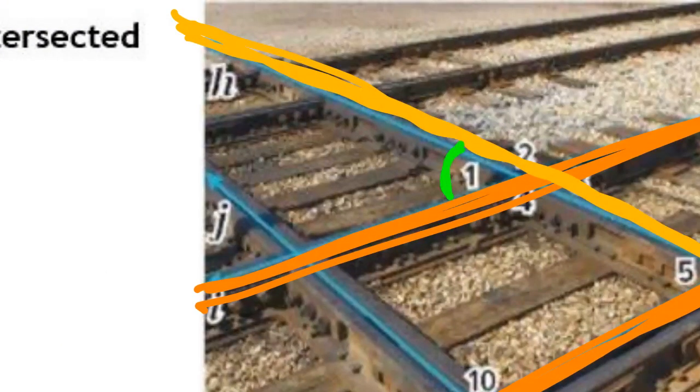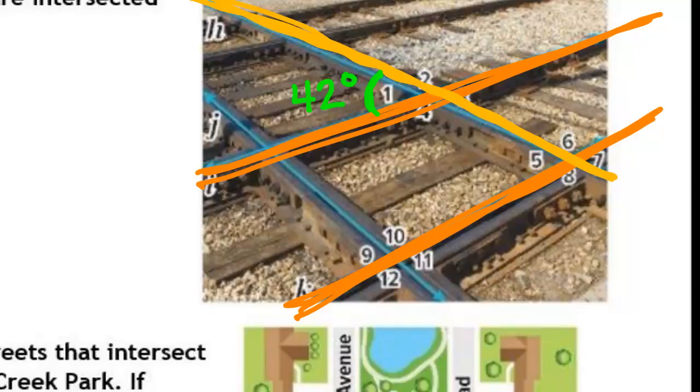So this angle right here is 42 degrees. And we want to find the measure of angle 7. Angle 7 is this one over here. So the first thing I want to know is, are angles 1 and 7 interior angles or exterior angles? Exterior angles.